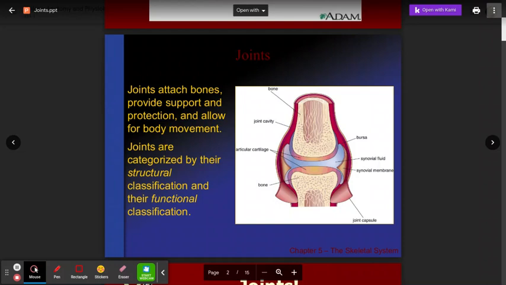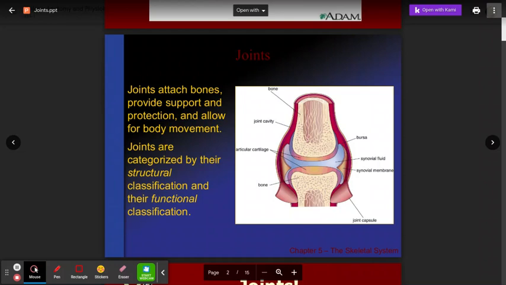They can become inflamed. You have articular cartilage and synovial membrane. So if you pop all the knuckles in your hand, you're really just moving that synovial fluid around a little bit. You're not really damaging anything, but that's what is making that noise, just the movement of synovial fluid.